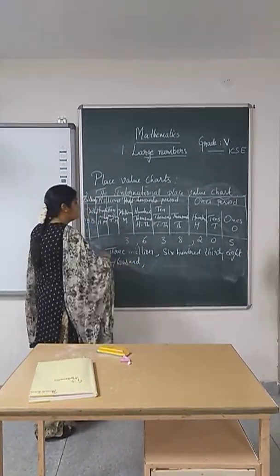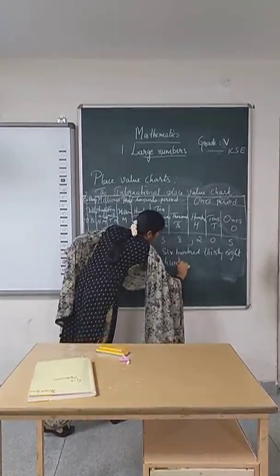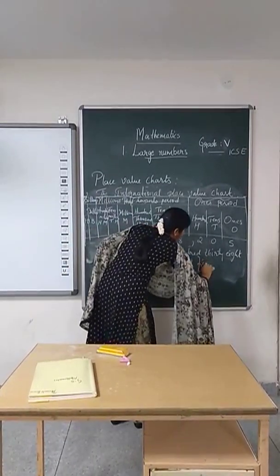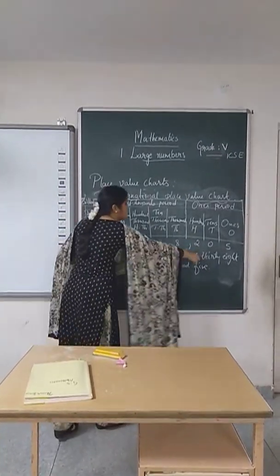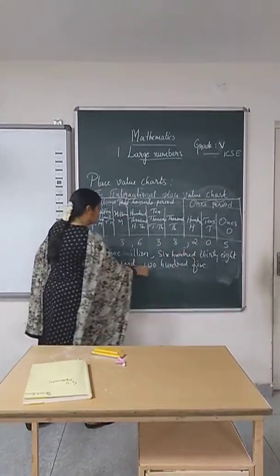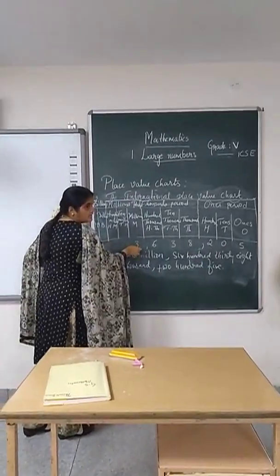Place a comma, then 205. So 3,638,205. This is the number name of this particular number.